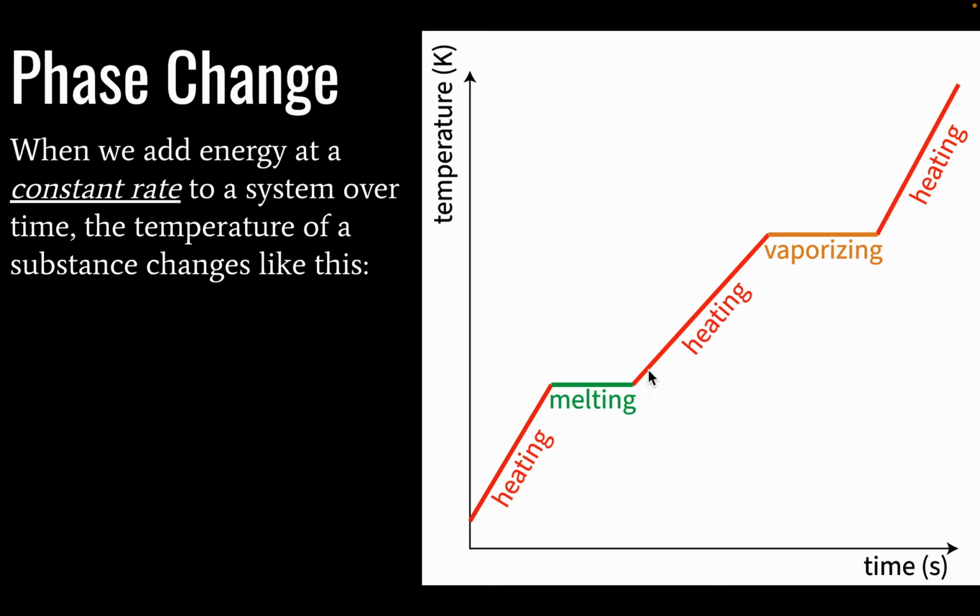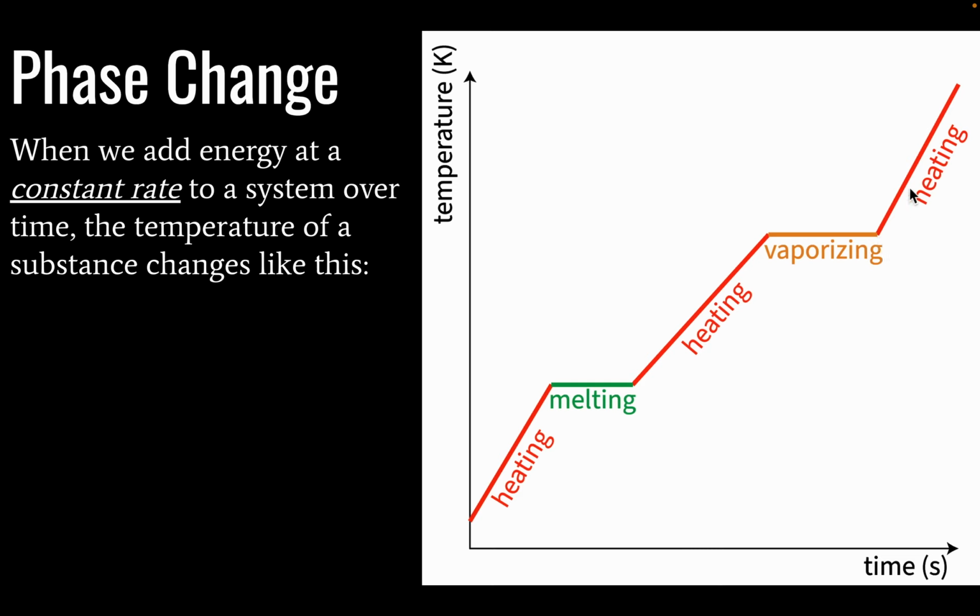Then our liquid will continue heating until it hits the boiling point of the liquid, at which point all of the liquid will transition to a vapor or gas. And again, our temperature is constant until all of that liquid is gone. So think of water boiling at 100 degrees Celsius, and you've got it.